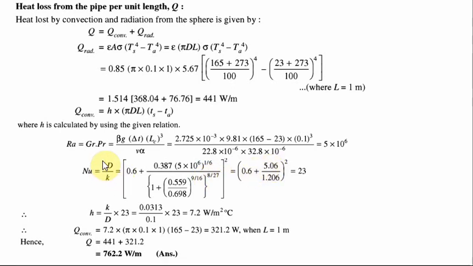Nusselt number is equal to hD by k. From this, find the value of h. Then calculate the convective heat transfer, substituting the value of h in this equation. Hence the total heat transfer Q is equal to the radiative heat transfer plus convective heat transfer. So this is the total heat transfer from the pipe.